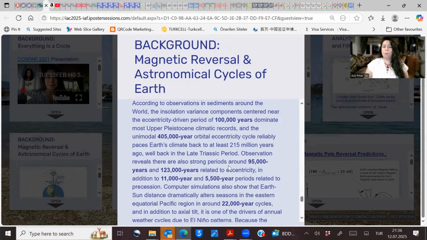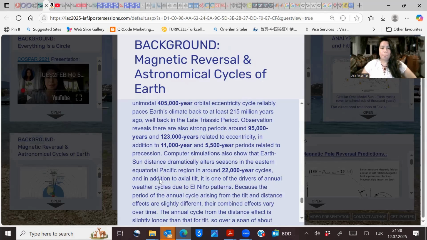There are also strong periods around 95,000 years and 123,000 years related to eccentricity, in addition to 11,000-year and 5,500-year periods related to axial precession. Computer simulations also show that Earth-Sun distance dramatically alters seasons in the eastern equatorial Pacific region in around 22,000-year cycles. And in addition to axial tilt, it is one of the drivers of annual weather cycles due to El Nino patterns.